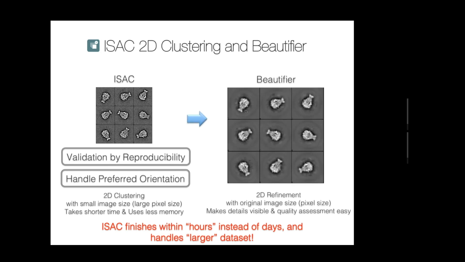However, in a typical project, ISAC also shrinks particle images to speed up the process. Please use the Beautifier to obtain the high-resolution version of ISAC class averages by defining 2D alignments of each class using the original image size and full CTF correction.